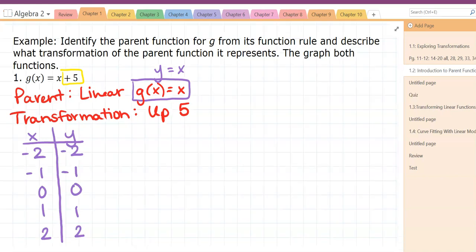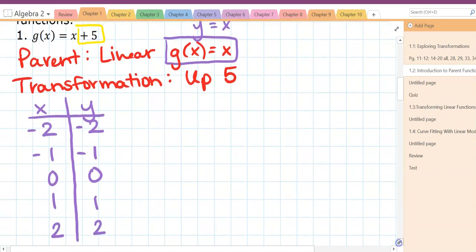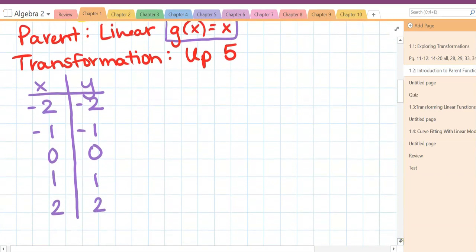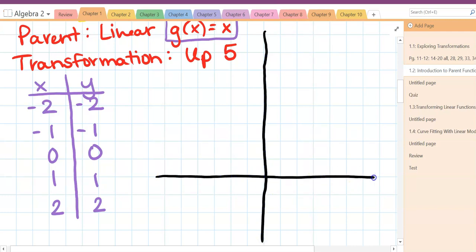So now I'm going to graph, and you guys should have a graph already in your packet that you can use. I'm going to plot these points. This would be the original function, so this would be called the parent function. So we have 0, 0, 1, 1, 2, 2, -1, -1, -2, -2.